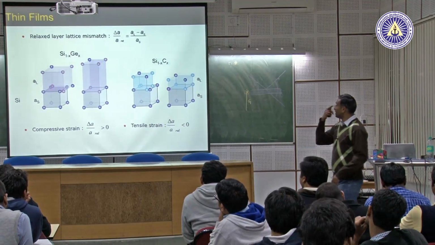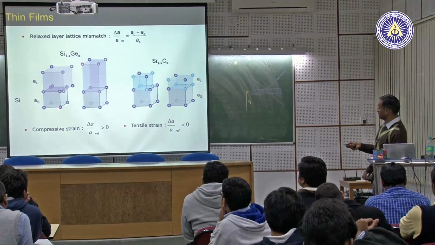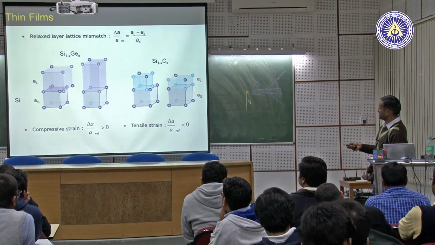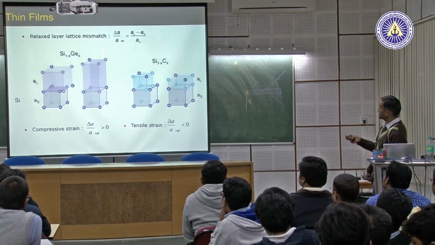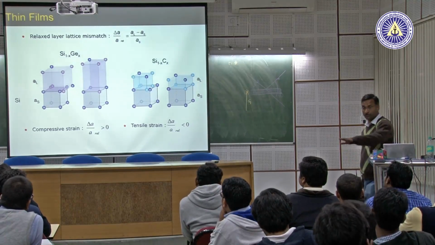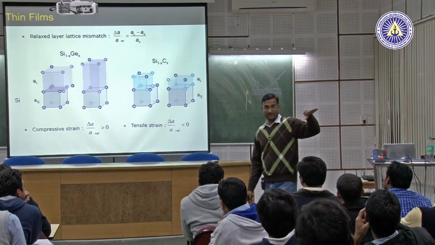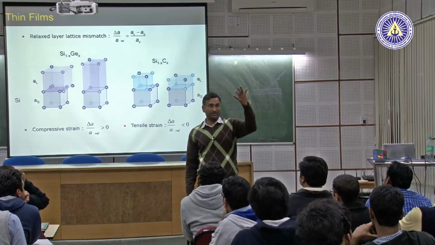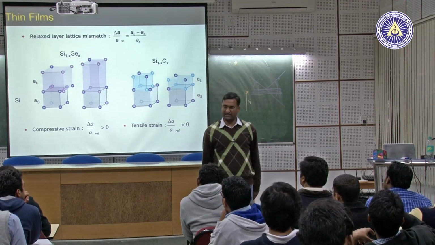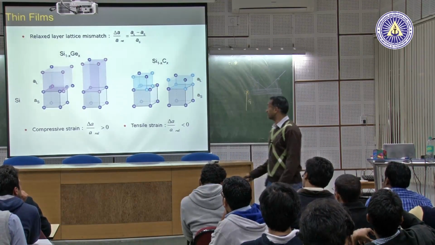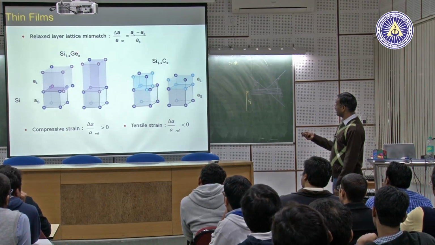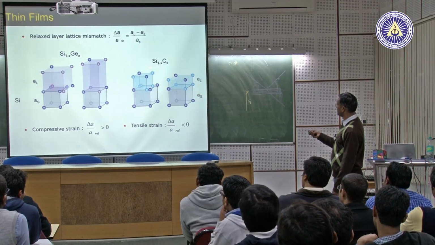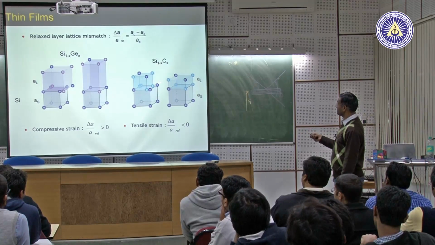So, let us say you have thin films like this, silicon with silicon germanium or silicon with silicon carbide, depending upon the mismatch between the lattice parameters. You have a substrate, which is a single crystal. On that you deposit a thin film, let us say 10 or 20 nanometer of silicon germanium or silicon carbon. Depending upon the ratio of silicon to germanium or carbon, your lattice parameter will change.